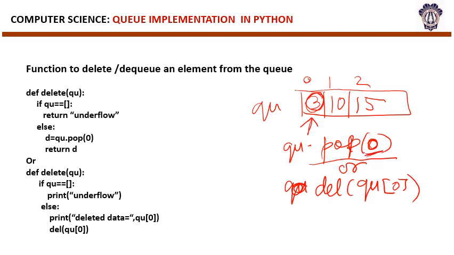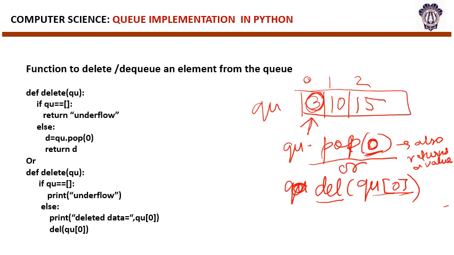So QU.pop0 will delete which element? 3. There's another function del. Del QU0 will also delete 3. Now, the difference between pop and del is pop also returns a value.